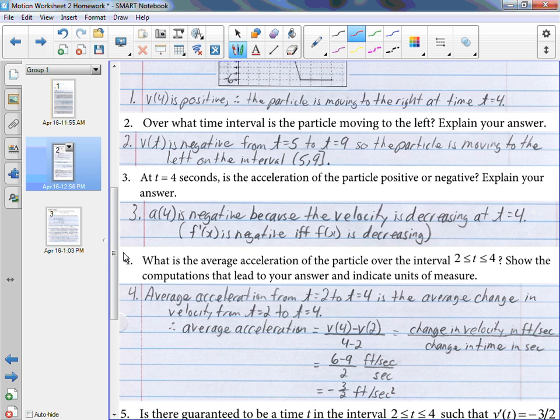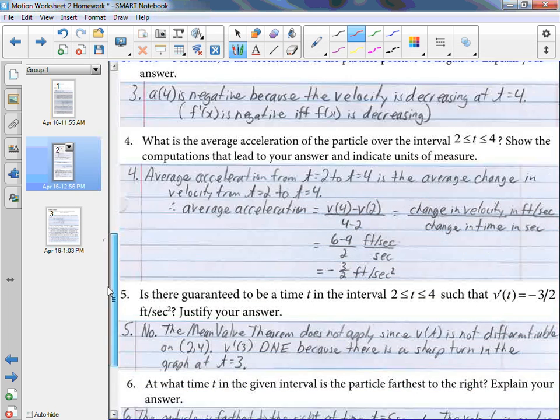And then it's feet per second squared. And I see some of you writing now. So does that make sense to you now? Okay, we ready to move on?